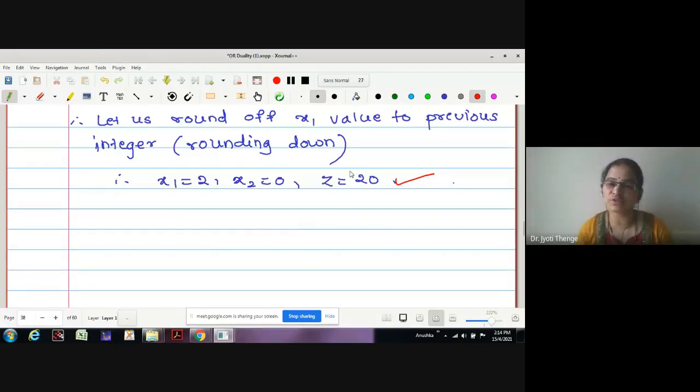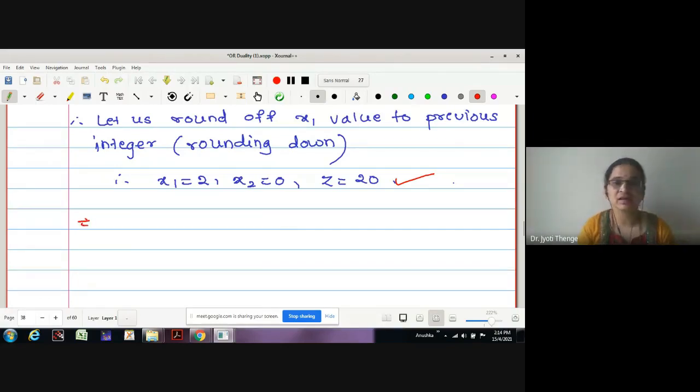Therefore, the value of this objective function is far away from the value of the objective function we obtained by the regular simplex method. That's why this may not be acceptable in a practical situation.